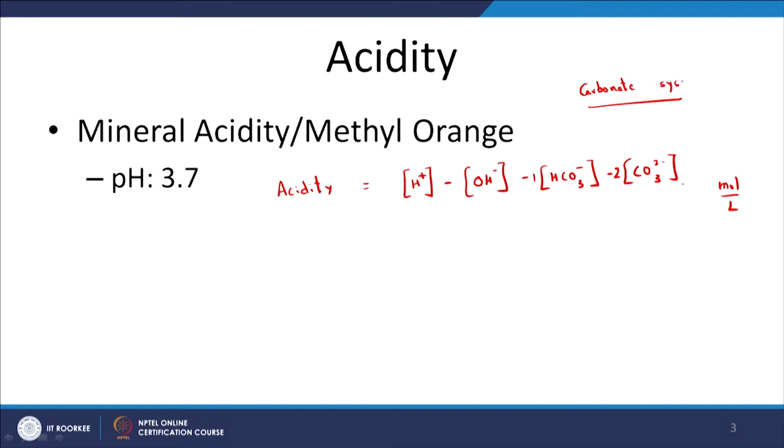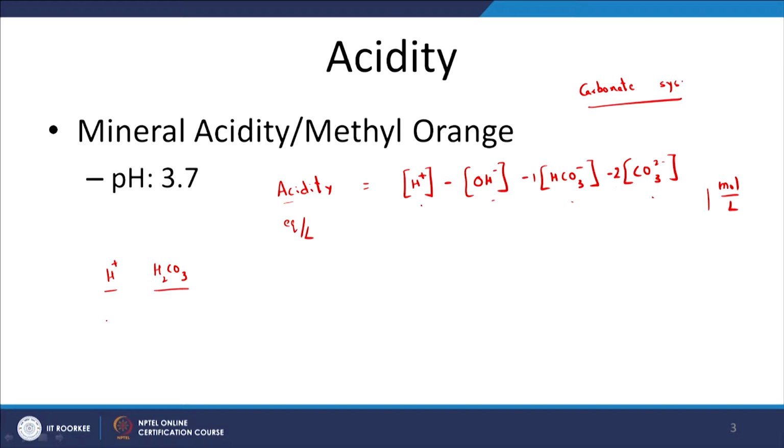The units for these particular variables are moles per liter, and you will end up with acidity in terms of equivalents per liter, right. Again, to understand this, we mentioned that we can look at the system with respect to H plus and H2CO3 as our components. So what is the relatively unique aspect here?